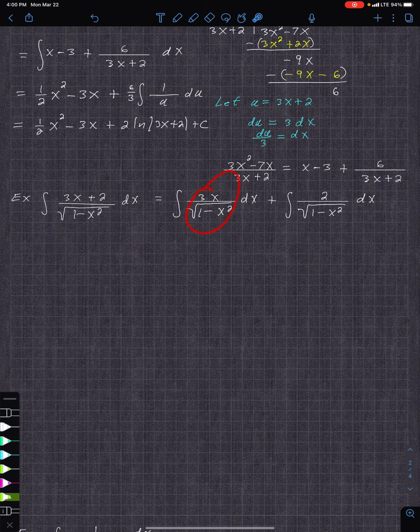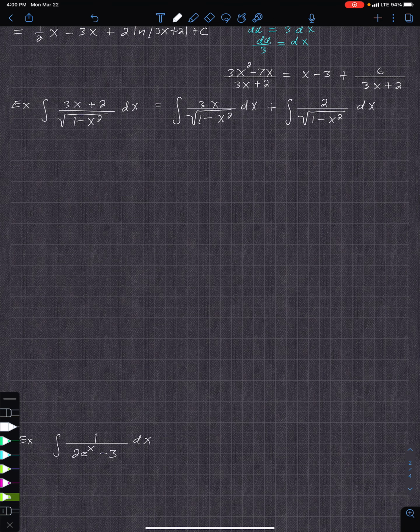What can you do with that? Yeah, that's just basic u substitution. If you pick your u to be this, you'll have your 2x. Well, here's your x. So if you let u be 1 minus x squared, then my du is negative 2x dx, or I can write that as negative du over 2 is equal to x dx.